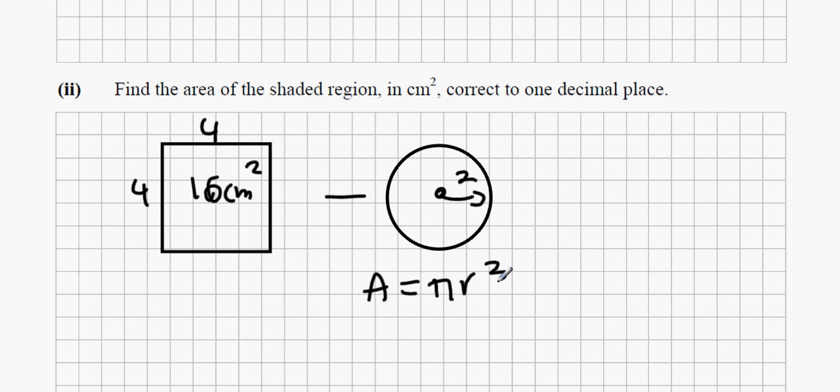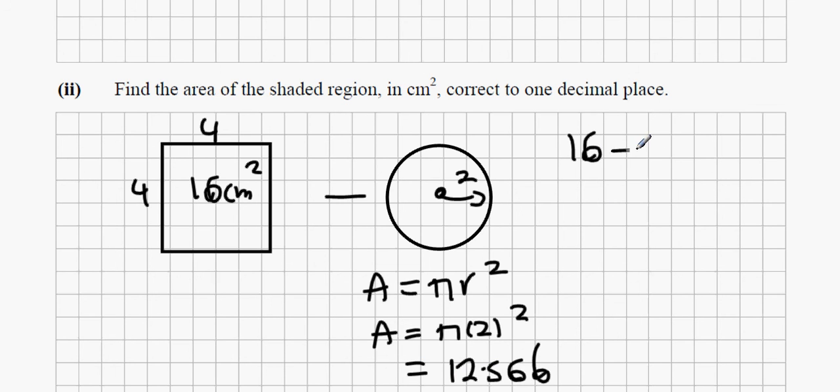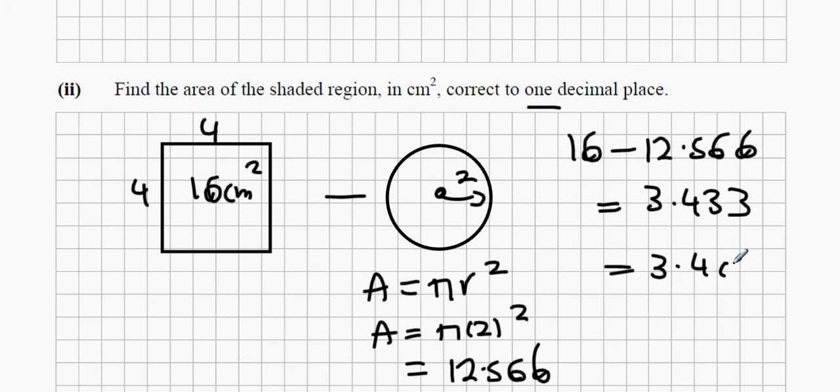Use pi in your calculator, so area equals pi times 2 squared, and that will get you 12.566. So 16 minus 12.566, and what we get, to one decimal place, is 3.433, so 3.4 centimeters squared. Okay, that's done.